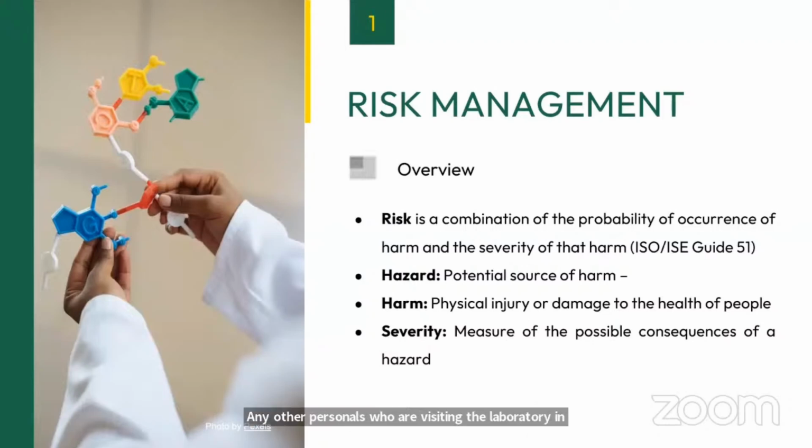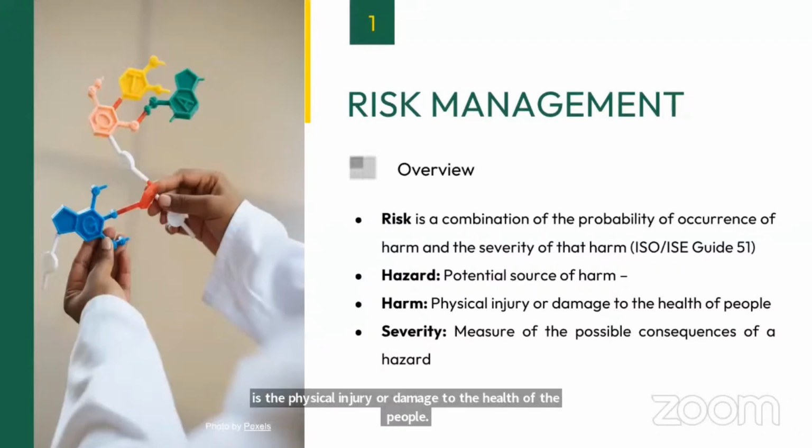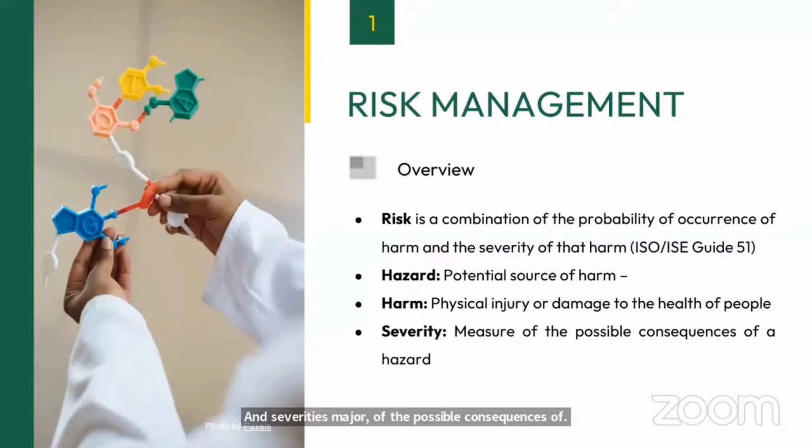So a hazard is a potential source of harm. Harm is the physical injury or damage to the health of the people, and severity is a measure of the possible consequences of a hazard. It will be determined by the severity of those hazards or harms which are caused due to an inappropriate procedure.